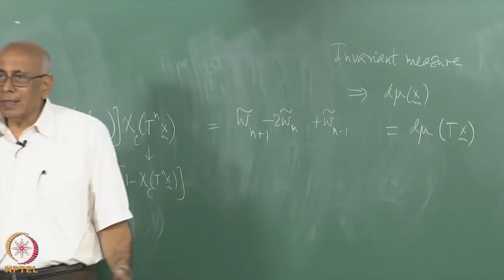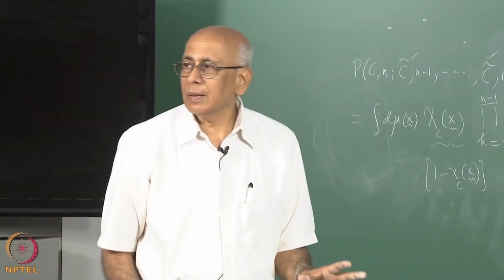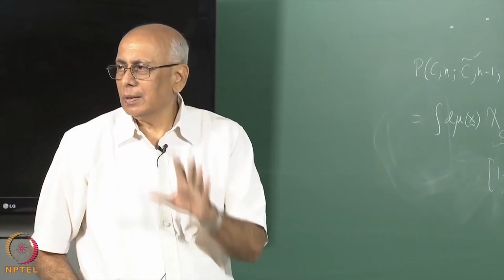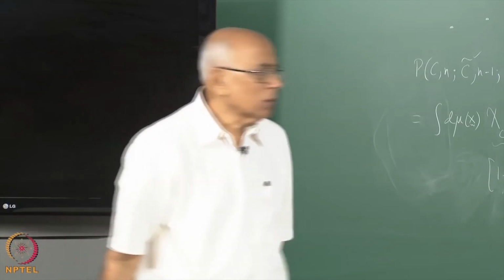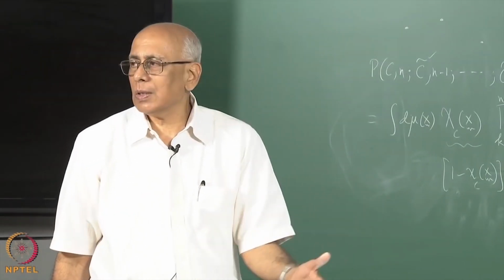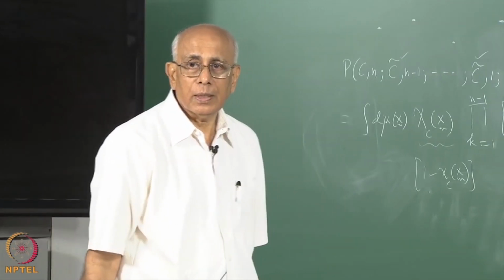The dimensionality did not matter, the kind of dynamics did not matter, how complicated it is did not matter, we did not assume it was chaotic, we did not assume anything, we just said it is ergodic in some region of phase space. So even if you have a dissipative system in which the system falls into what is called a strange attractor, this will apply on the strange attractor on that route.